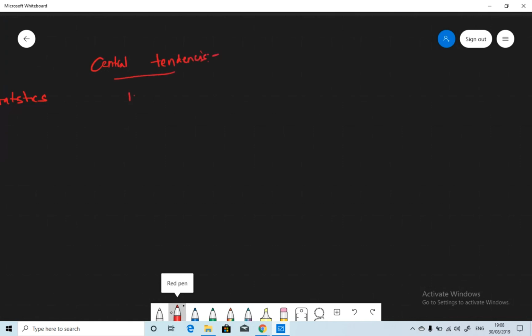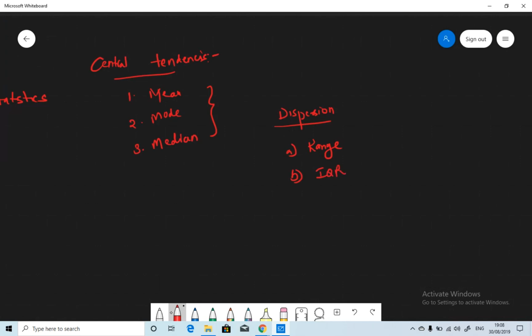What are the things that fall in central tendencies? Mean, mode, median. Under dispersion, we have range. Another one is IQR. Another one is standard deviation.